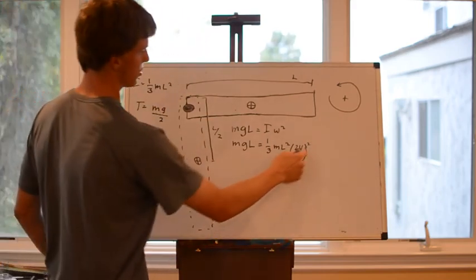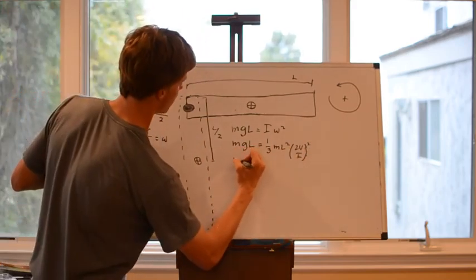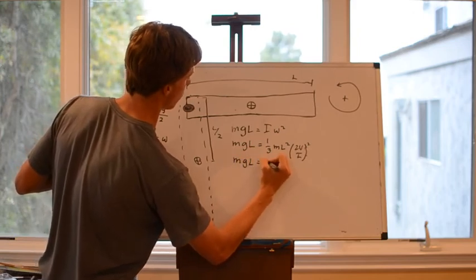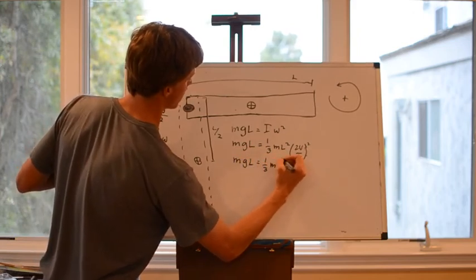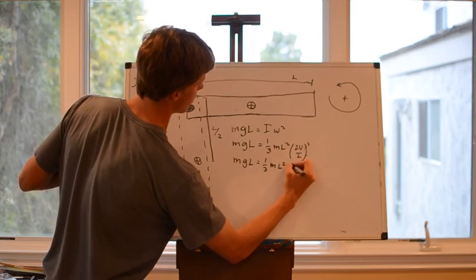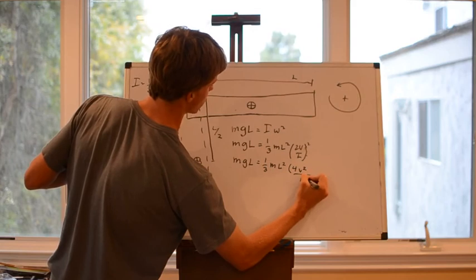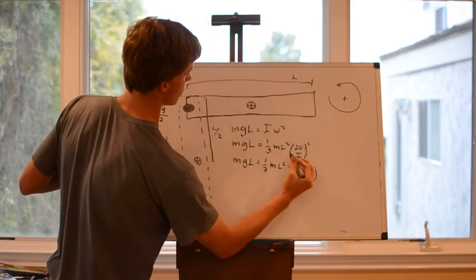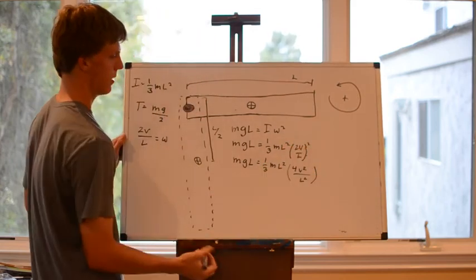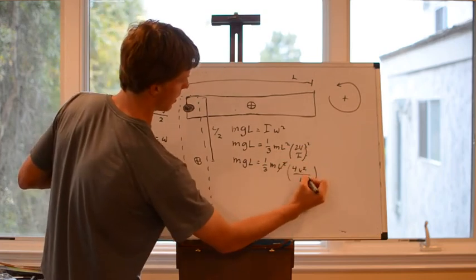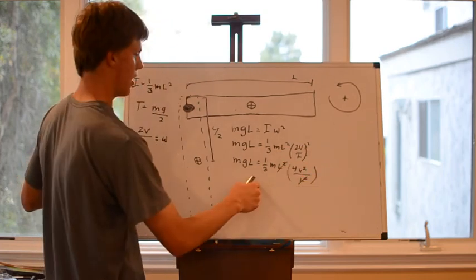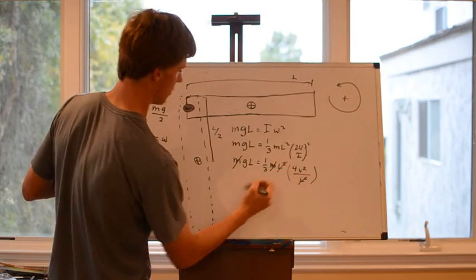Now we can just use this to solve for V, so we're going to have mass times gravity times length is equal to 1/3 mass length squared times 4V squared over L squared, when we square this quantity right here. These lengths will cancel out, and these masses will cancel out.